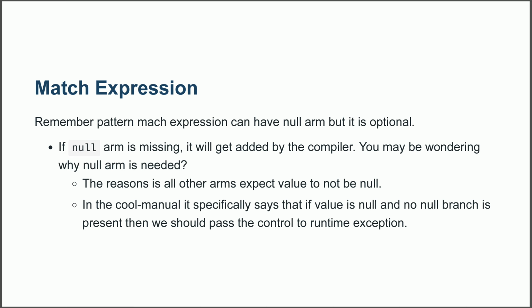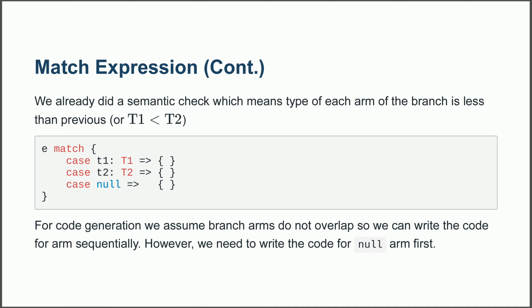Now, the reason for that is each expression for each arm for each type expects a value, the refined typed value, the value that we refined its type to not be null. So we can always safely assume the value that we refined its type is never null. That's the idea, if that makes sense.